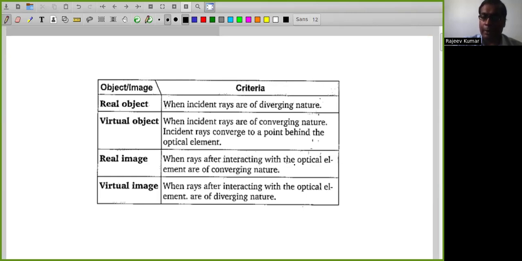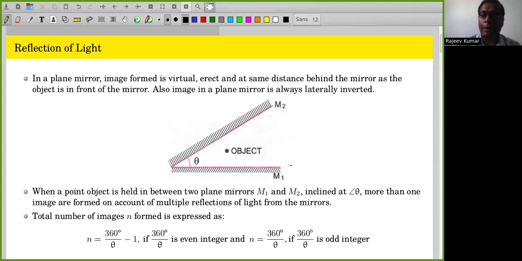Similarly, for a real image, the rays actually intersect after interacting with the optical element and are converging in nature to get a real point; those types of images are called real images. Lastly, virtual images are those where the light, after interacting with the optical elements, is diverging in nature.